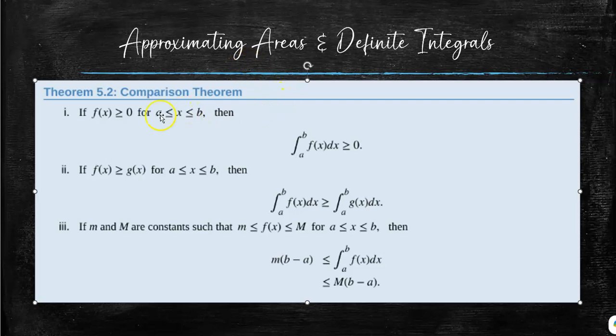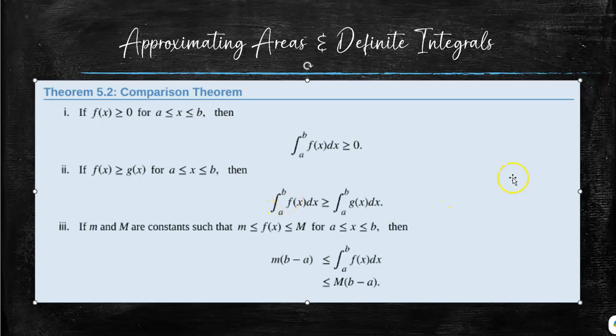So it pretty much says if you have a positive function, integral of a positive function will be positive. Makes sense. We can even say more than that. We can say integral of a function that's more on the positive side will be positive, because if the positive area outweighs the negative net area, then the net area will still be positive. The next one says that the integral of a bigger function is bigger. Makes sense, right?